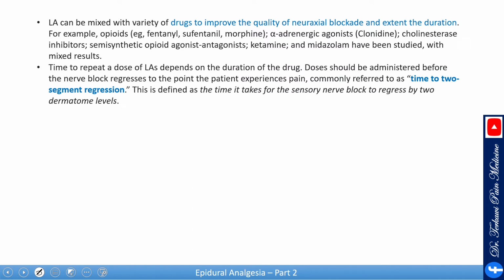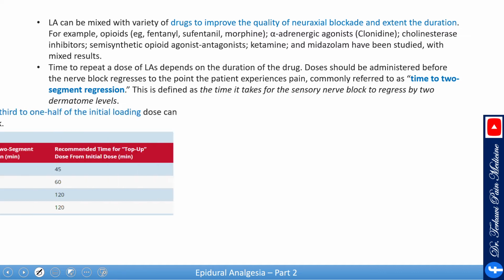Time to repeat a dose, especially if you don't have the equipment for continuous infusion, depends on the duration of the drug. A dose should be administered before the nerve block regresses to the point the patient experiences pain, commonly referred to as the time to two-segment regression, which is defined as the time it takes for the sensory nerve block to regress by 2 dermatome levels.